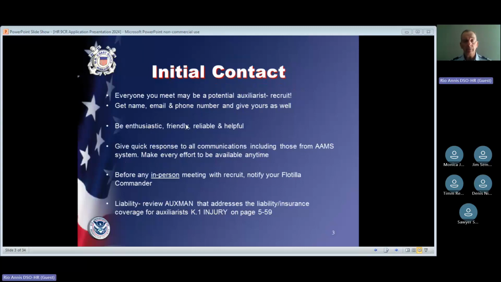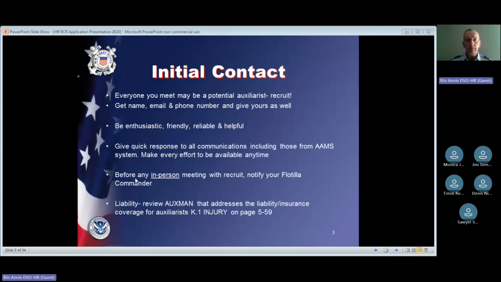We want to make every effort to be available almost any time to help them out. That includes updating communications in the AAMS system, which some of you attended training on. That's the Auxiliary Applicant Management System. As HRs and flotilla commanders, you have access to that system, and you can make those notes in there.